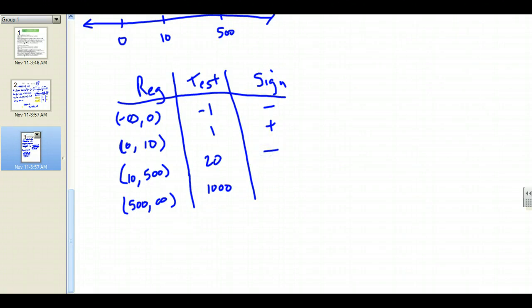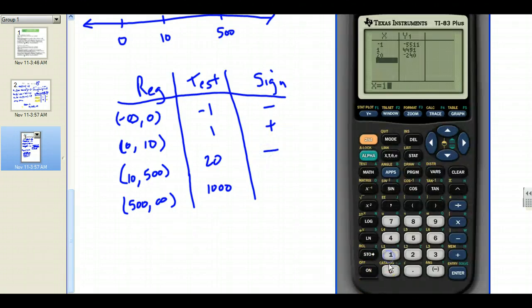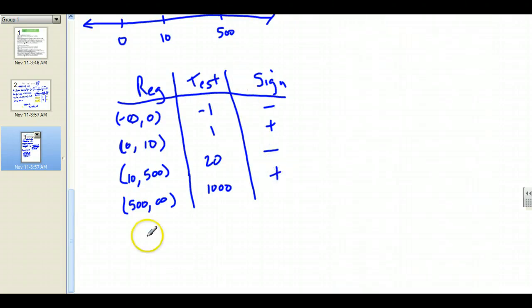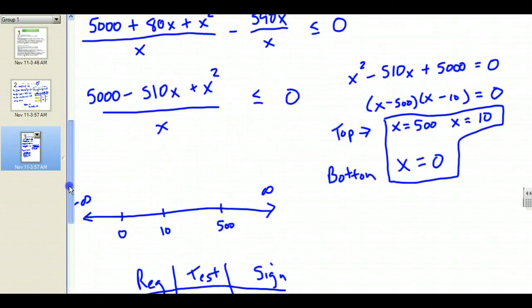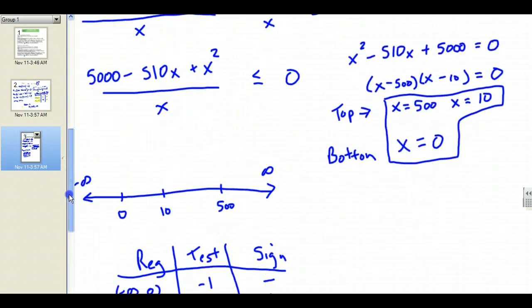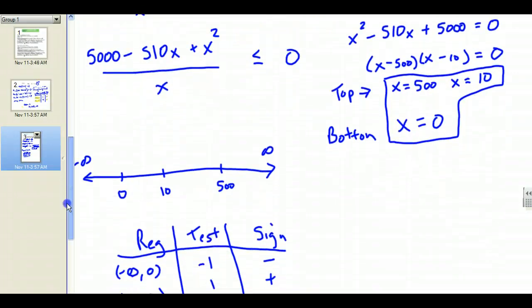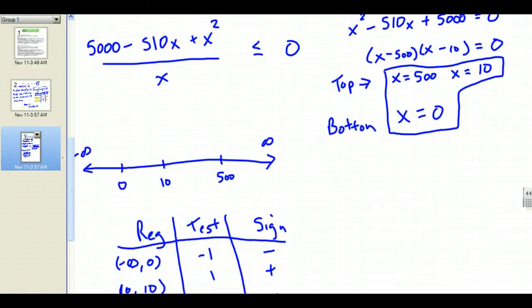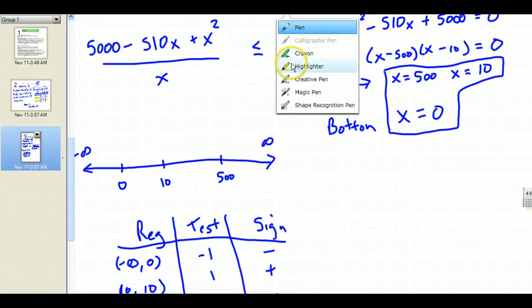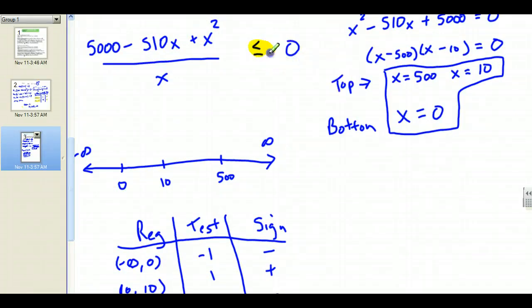And then +1,000. Plugging that in gives me positive. And we're looking for less than or equal to.